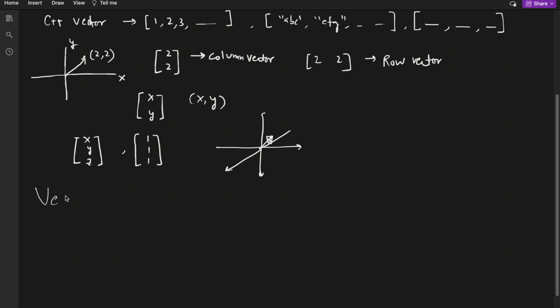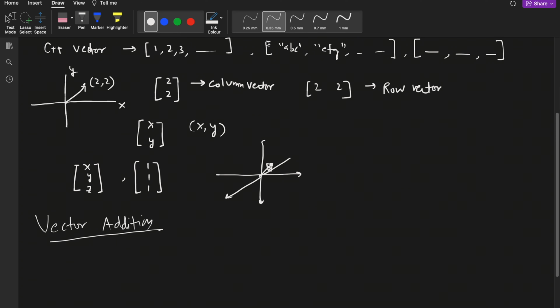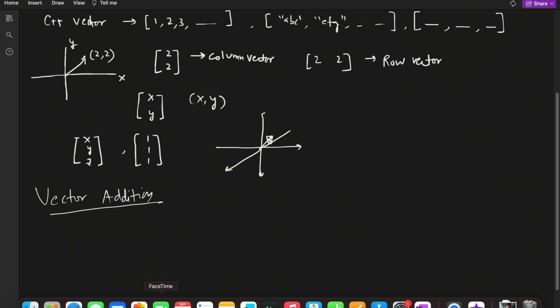One is vector addition, and another is vector multiplication. Okay. So what is vector addition?